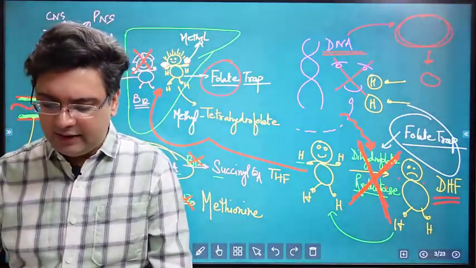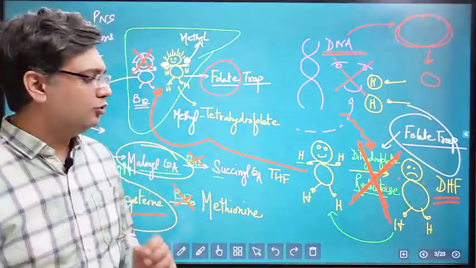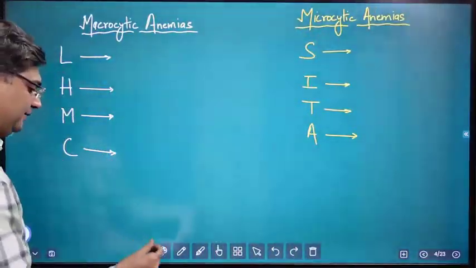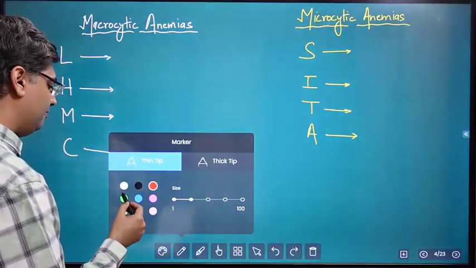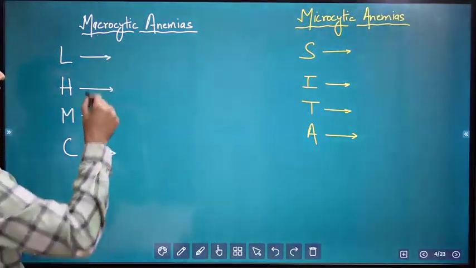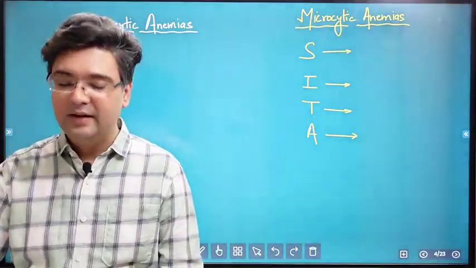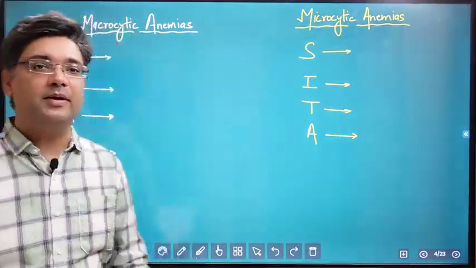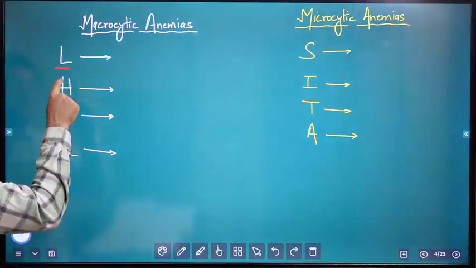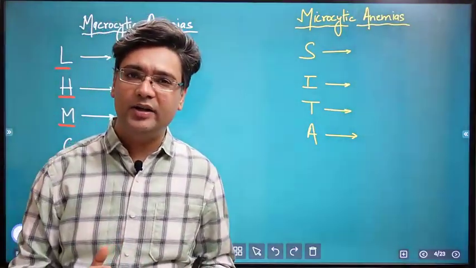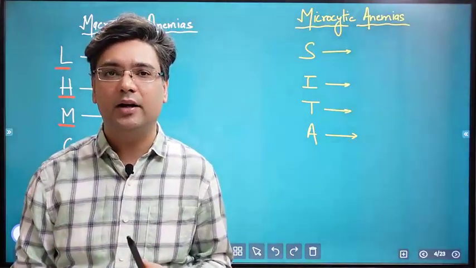Okay, in fact, there are some other conditions also where macrocytosis can be seen. So, when we talk about macrocytosis, when there are immature cells going into the circulation, these conditions can be remembered by an acronym which is LHMC. You have a famous medical college in Delhi called Lady Hardinge Medical College.